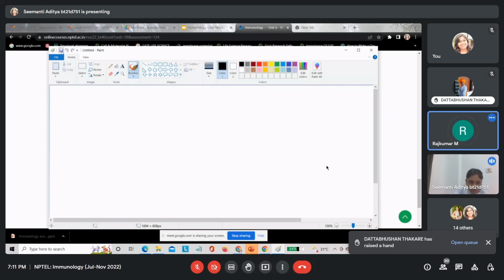So if your RBC is not expressing any kind of MHC on its surface, then any pathogen which targets this RBC will not be cleaved, because for T cell activation we need an antigen presented with an MHC molecule.